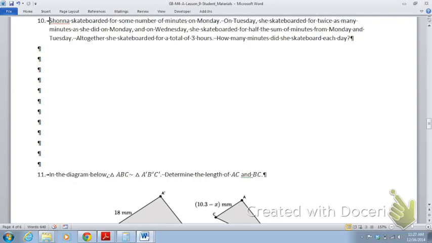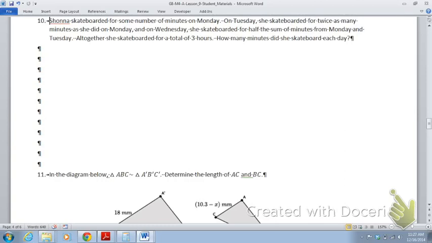All right, so our first thing we need to figure out is how do we want to define our variable? We want to just reread the problem and think, so she skateboarded Monday, Tuesday, and Wednesday. And so our variable will probably be one of those.